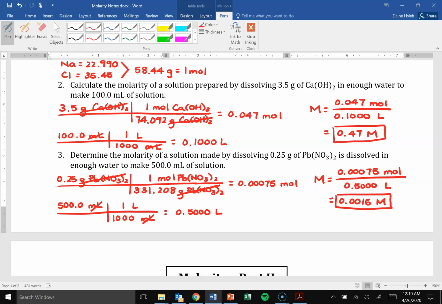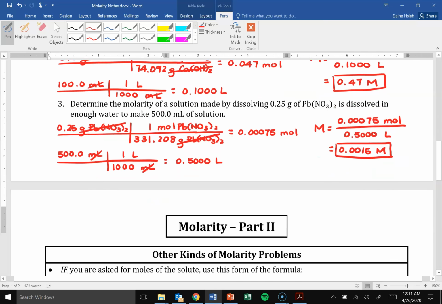Okay, and then you divide 0.00075 moles by 0.5000 liters, and you should get 0.0015 molar. Now, if you had used scientific notation for that answer, it would be 1.5 times 10 to the negative 3 molar.